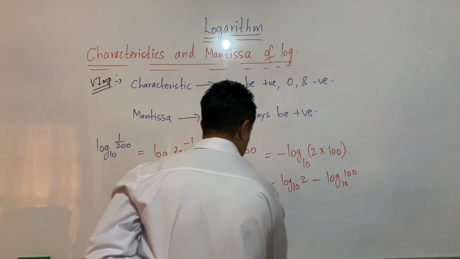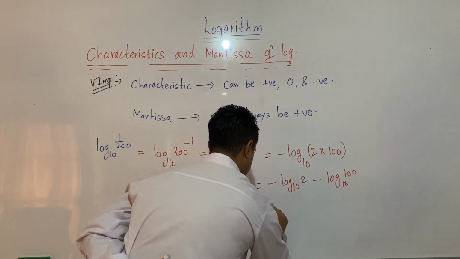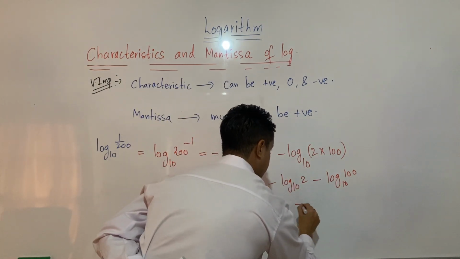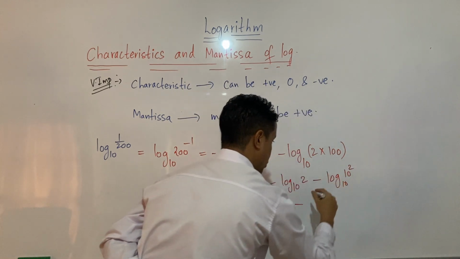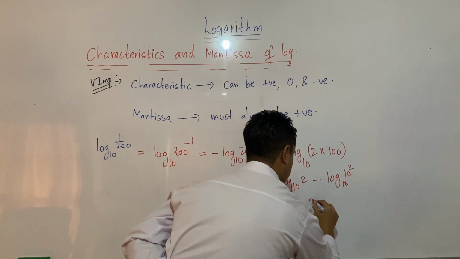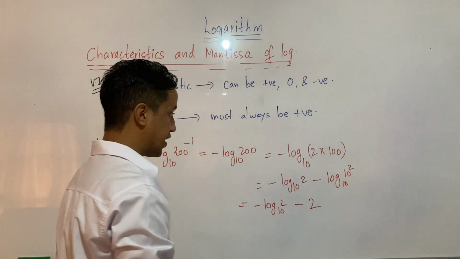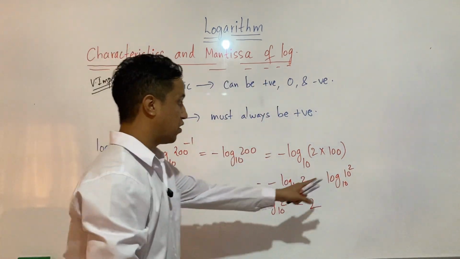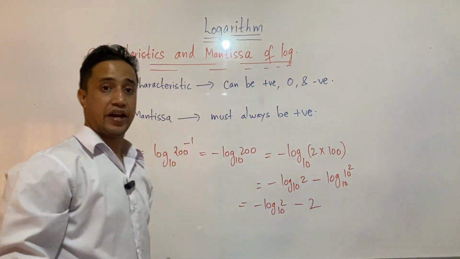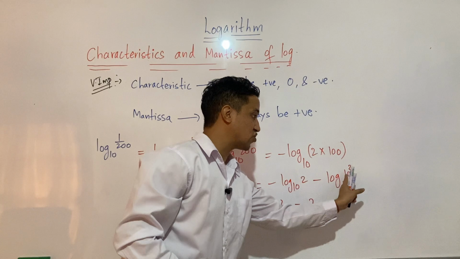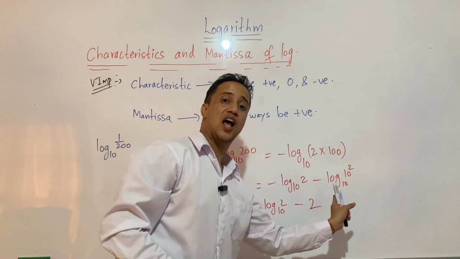Here 100 can be written as 10 squared, so it will be minus 2, right? Why? Because this is the exponent rule: log of x to the power n is n log x.